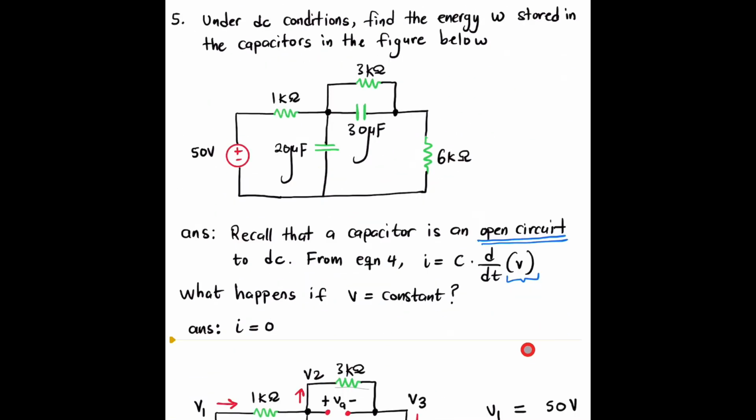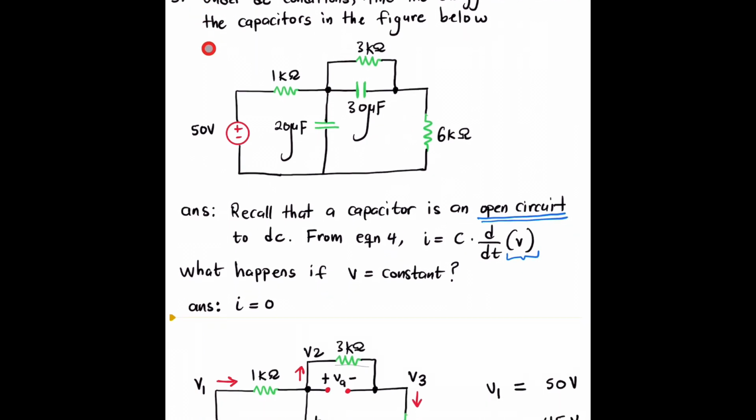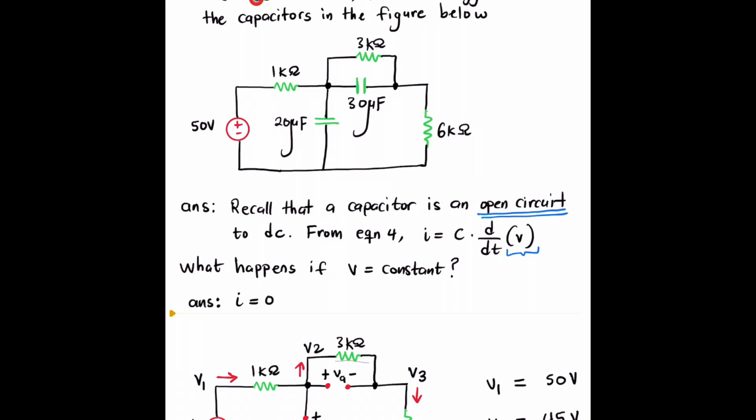All right, let's look at the final example. Example 5. Under DC conditions, find the energy stored in the capacitors in the figure below. So this is the circuit. Now remember, a capacitor is an open circuit under DC conditions.